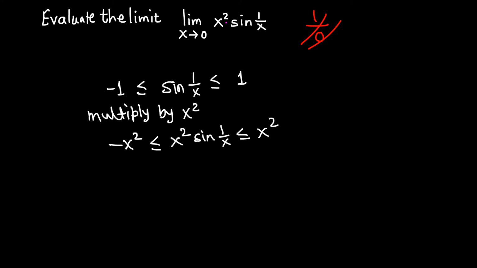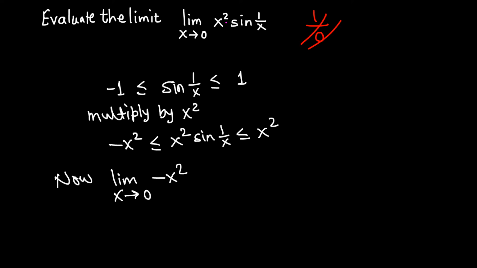Now we need to take this limit as x goes to 0. Let's take it on each side, or we can just take it on the far left and far right, and if they agree, then the limit of this middle expression will be the same. Now the limit of negative x squared when x goes to 0, that's what we want here.